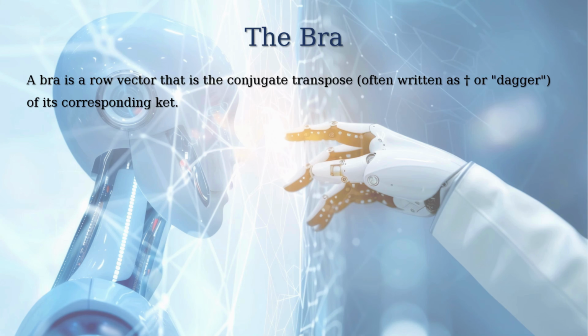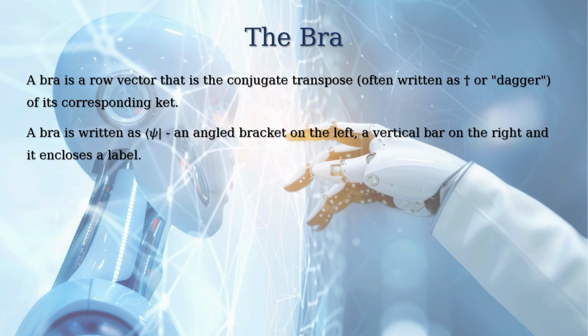Similarly, a bra is a row vector that is the conjugate transpose of the corresponding ket vector. It is written as an angle bracket on the left, a vertical bar on the right, and it encloses a label.